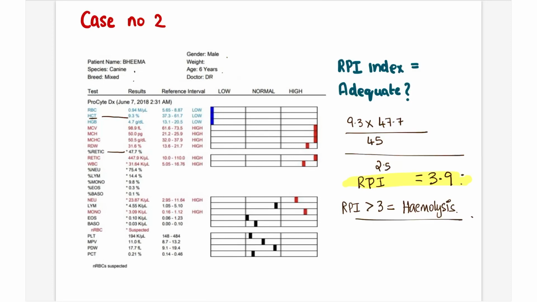If you are suspecting immune mediated hemolytic anemia, you can do a Coombs test to confirm it. Now you would have understood the importance of the RPI index, because it helps us grade the anemia, and it also helps in designing the treatment and further investigation for the patient.